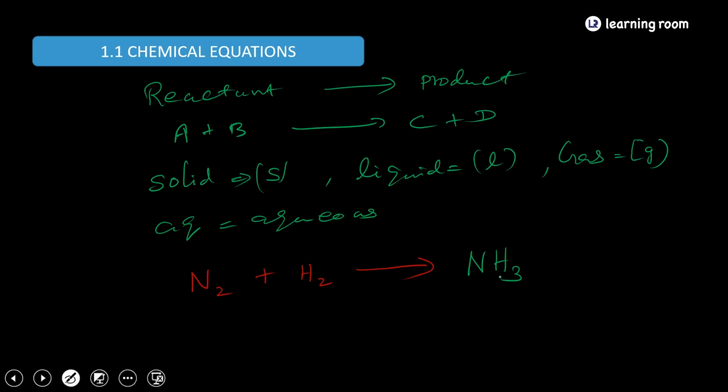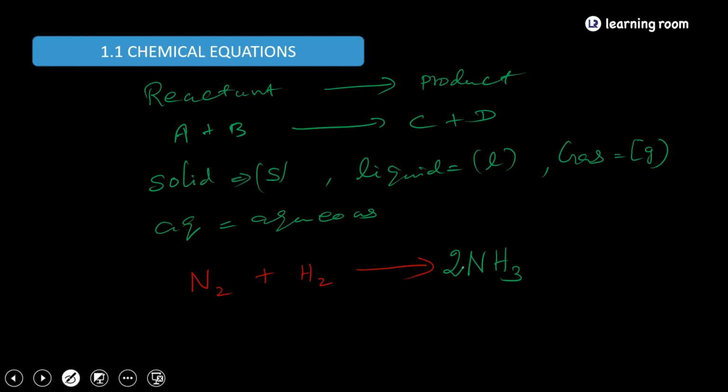Okay, so look here. You have 2 nitrogen here, there you have only 1 nitrogen. If you want to balance that, first you should add 1 more nitrogen. So when you are adding 2 over here, it becomes 2NH3. Then how many hydrogen is there? In the product side, 6 hydrogen is there. In the reactant side, how many hydrogen is there? 2.